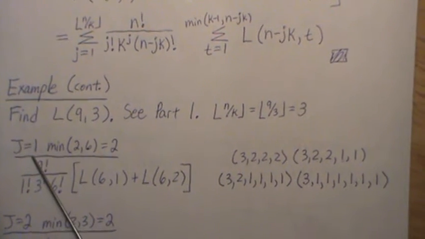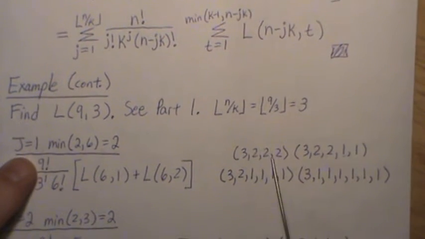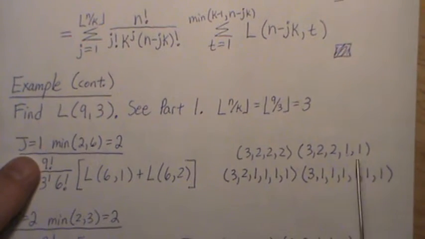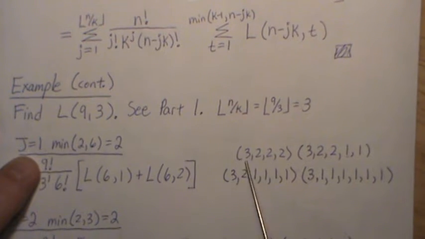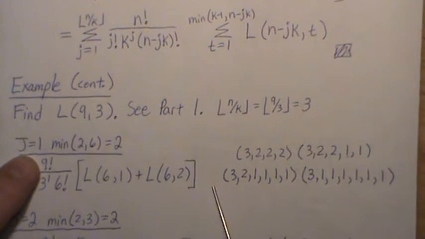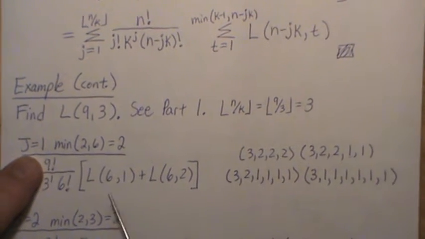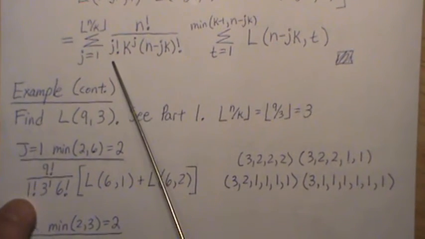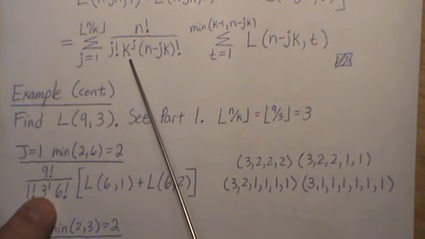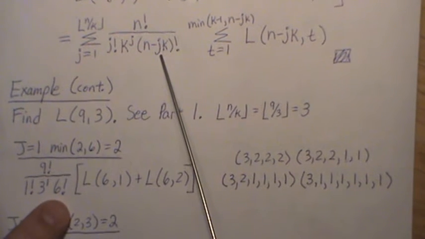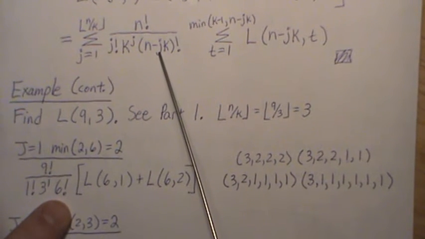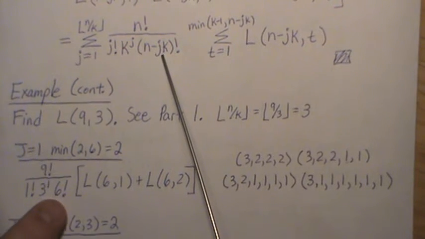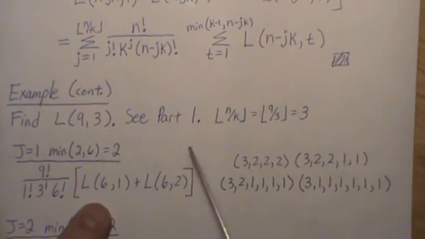So let's set J equals 1, and notice here that these are all the possible combinations where we have a 1, 3 in the beginning, and then the formula says n factorial over J factorial, K to the J, n minus JK. So that's 1 times K, which is 3, which is 6 factorial. Then we reduce it.